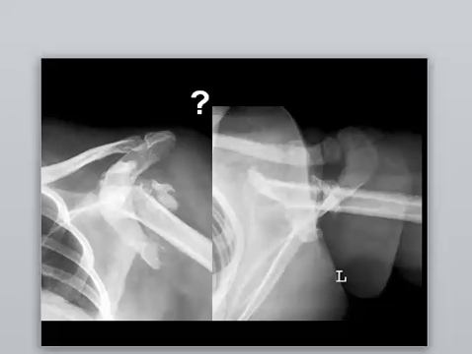So what is this? A disorganized, fragmented, distracted, dislocated joint? It is the famous Charcot or neuropathic joint of syringomyelia and diabetic neuropathy.